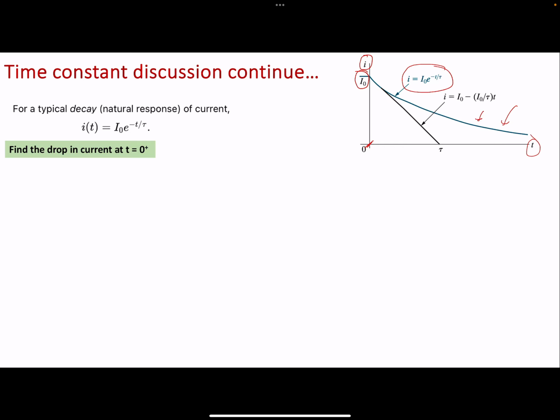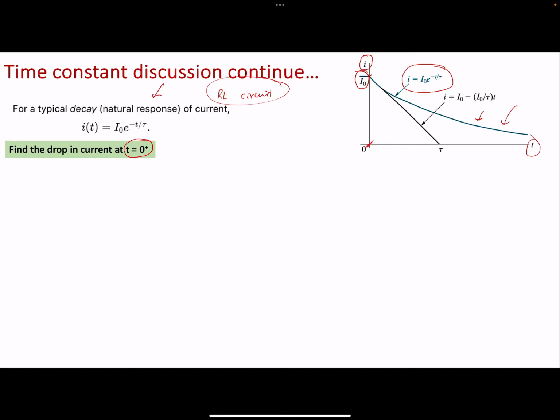So this is what the natural response of our typical RL circuit decay curve looks like. The interesting thing is, let's do one more hypothetical exercise here. I want you to figure out the amount of the drop in current exactly at t equals 0 positive.